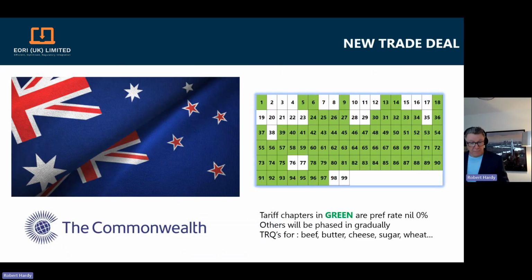Other trade deals are now ramping up, focused on the Commonwealth. So there's now an Australasia deal, which has duty-free preference nil on all of the tariff chapters that are coloured in green. For the others, there's tariff quotas that limit the flow but don't necessarily charge the same amount of duty unless the quota is exhausted.